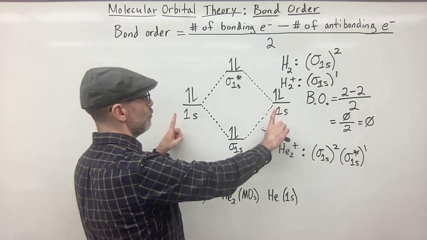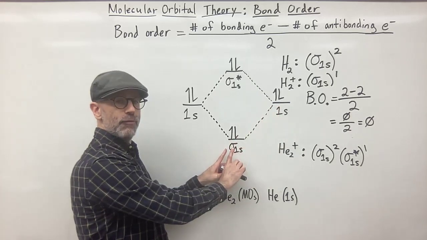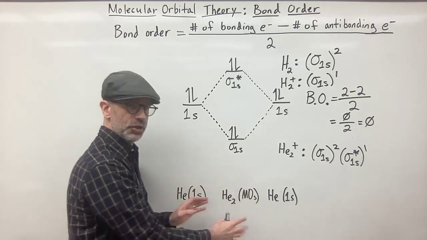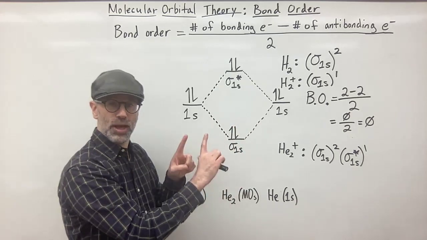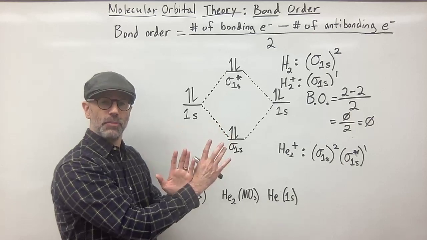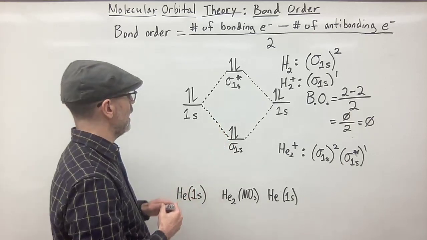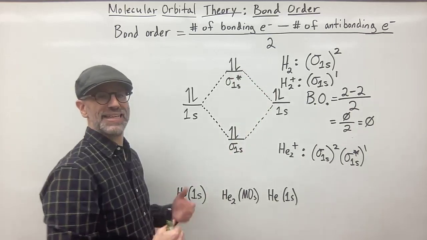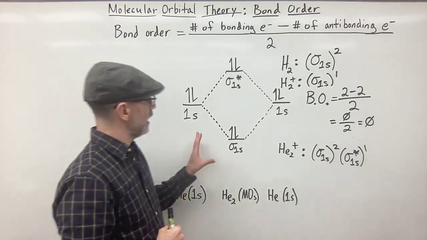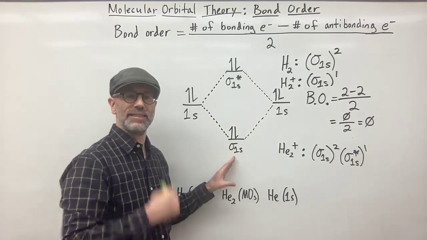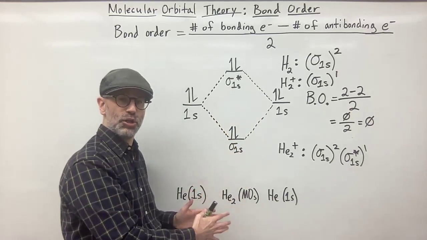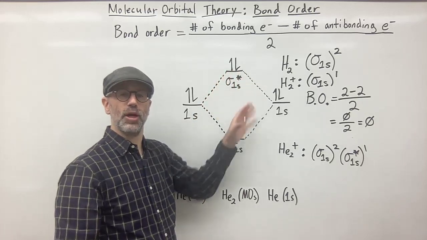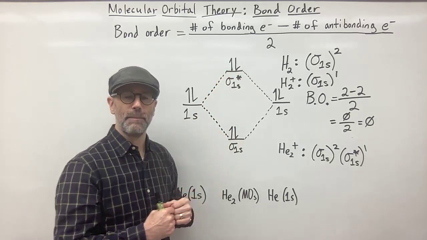So if you can form a bond and therefore fill in the molecular orbital for the molecule, that's going to stabilize the bond and stabilize the molecule, right? However, the anti-bonding molecular orbital has a destabilizing effect. So if you fill in the bonding molecular orbital, that's going to stabilize the bond in the molecule. But if you start to fill in the anti-bonding molecular orbital, that's going to destabilize that bond.